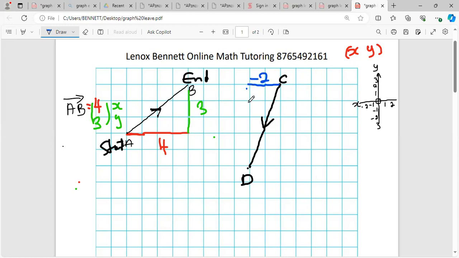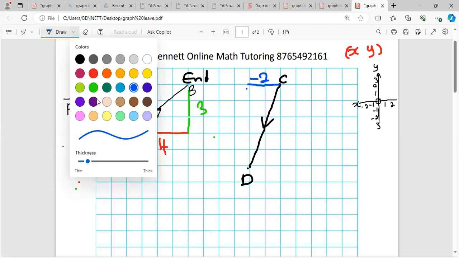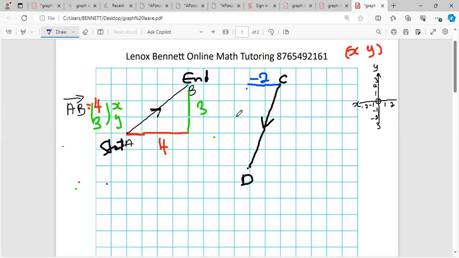And then now we're going to go down. Let me change the color again, just to highlight something important. And then you say 1, 2, 3, 4, 5. So we're going down, guys, and whenever you're going down, it's negative. So that would be -5, because we're going down on the y-axis.